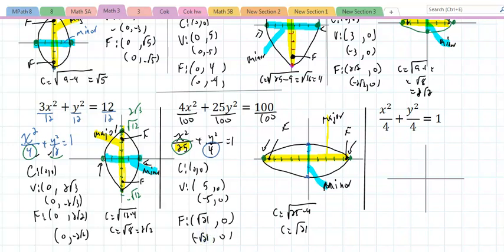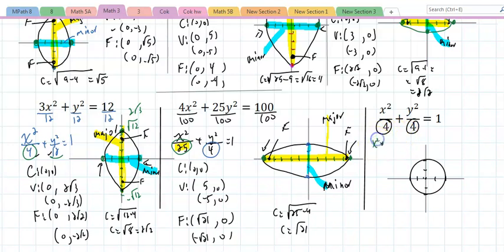I get to the last problem, and what do I notice? The center is at the origin. What do you square to get a 4? 2. And what do you square to get a 4? 2. And I'm a bit confused because I'm thinking, wait a minute. There's no stretching. Well, yeah, that's right. That's how a circle looks. This is not an ellipse.